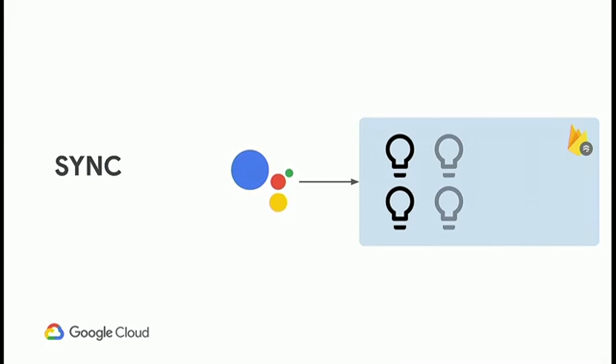So in this example, we might return a response that says this user has 4 light devices in their account. All 4 of them can report the on-off trait, but only 2 of them support brightness. This is the kind of metadata that you provide in response to a sync.